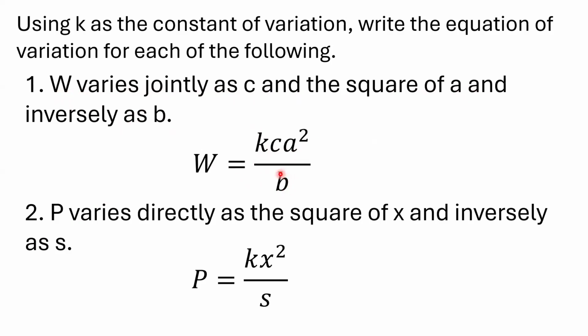Since this is a combination, expect that the inverse, the direct, and the joint are considered as one. Number 2: P varies directly as the square of x and inversely as s. So P is equal to k times x squared over s, because that is inversely s.